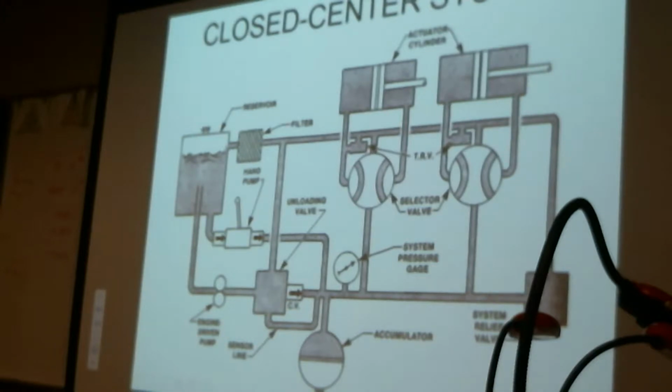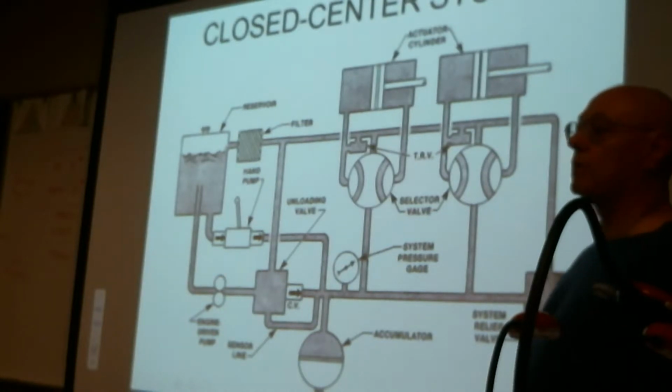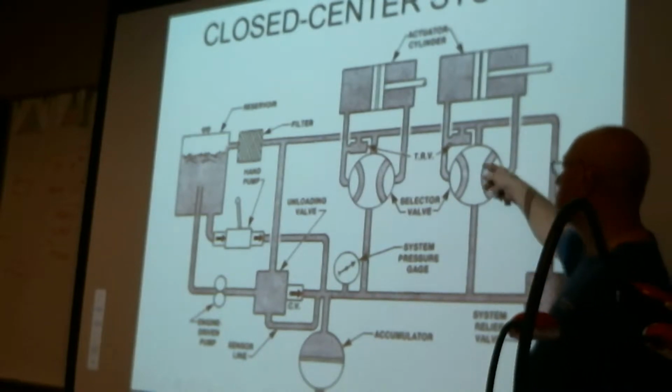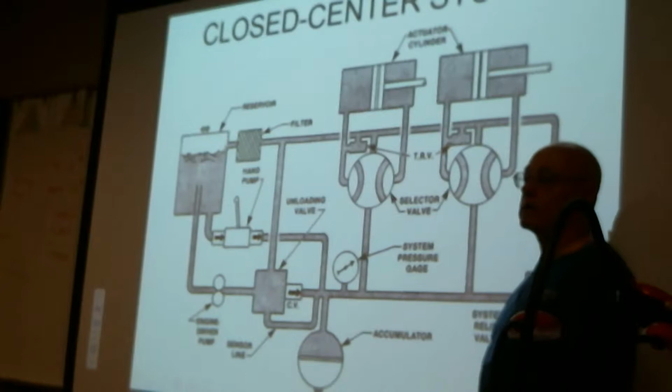What's the TRV? I haven't told you about those yet. When we get into the class, we'll talk about them, but basically they're thermal relief valves, TRVs. When the selector valves are positioned as they are now, there's fluid that's trapped inside of the cavity of the actuator.